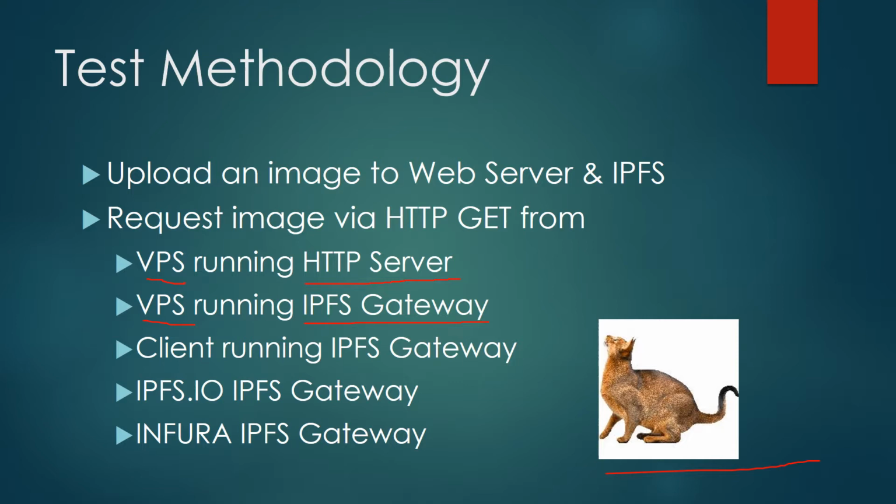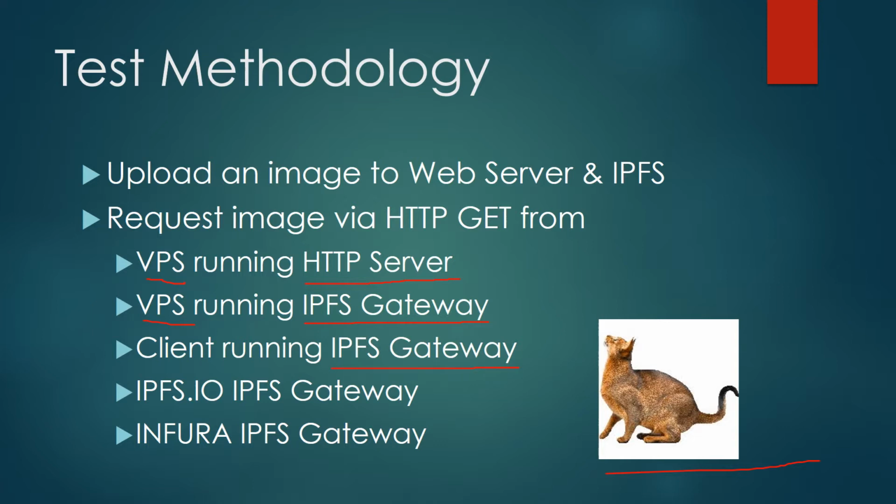IPFS gateways are the middleman for my browser's HTTP request. It basically takes the request, talks to the IPFS network, gets the file from the network, and then serves it back through HTTP. Because browsers don't support the IPFS protocol natively, we need gateways in the interim.